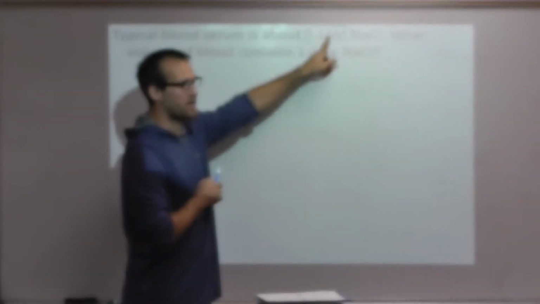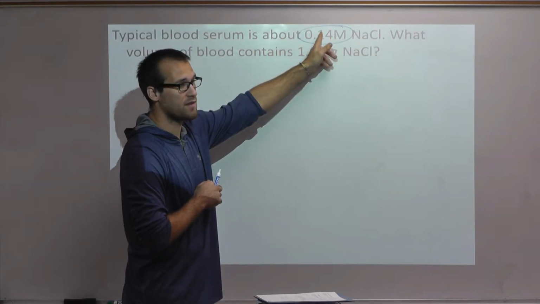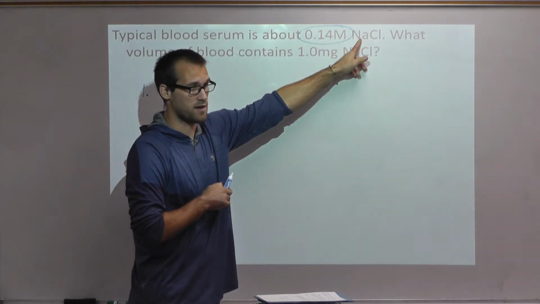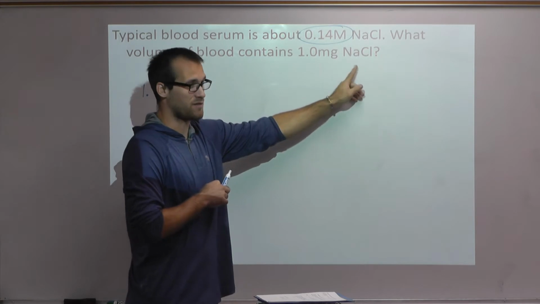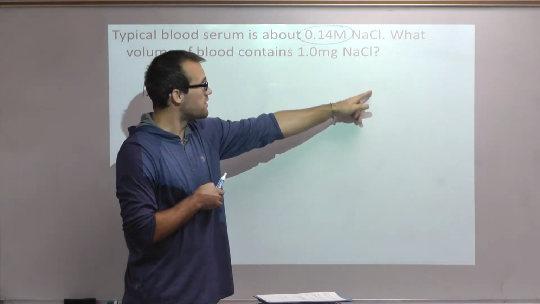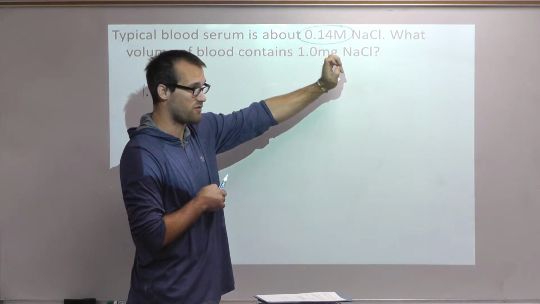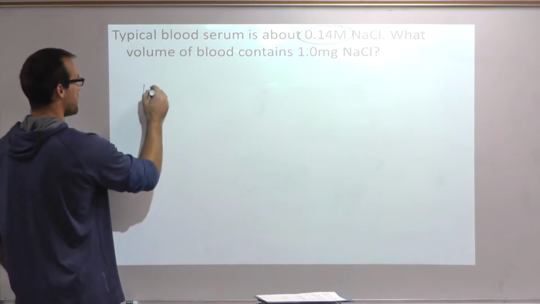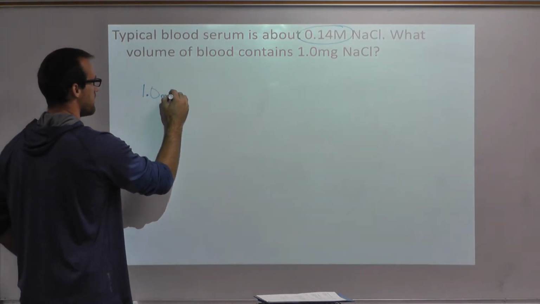Okay? Which means I'm probably going to have to get rid of the moles of this. And moles of that is going to be NaCl moles, correct? Well, do we have a mass of NaCl that we could convert to moles of NaCl? And then we could use this as a conversion factor to figure out how much volume that would be. Does that make sense? We have to first take this number and do work with it though.